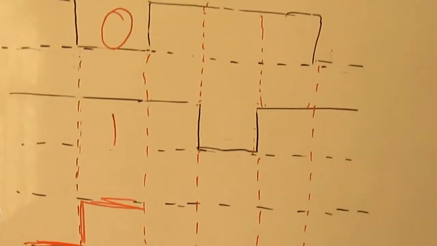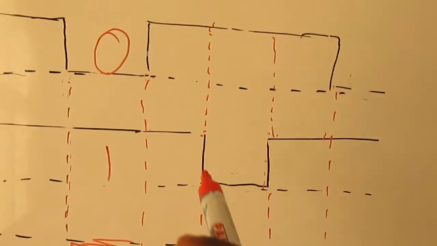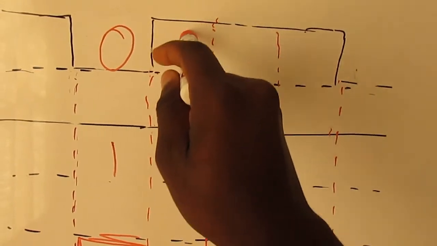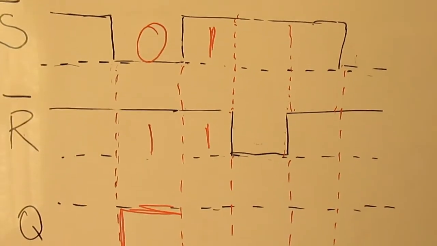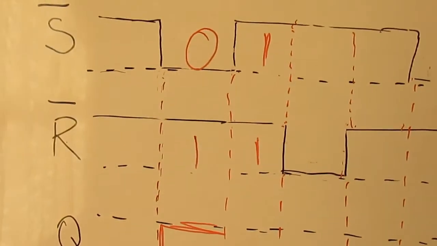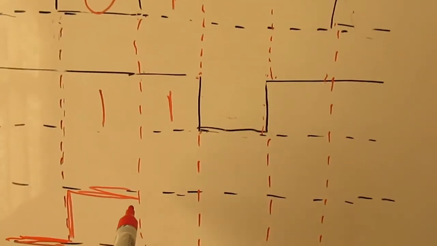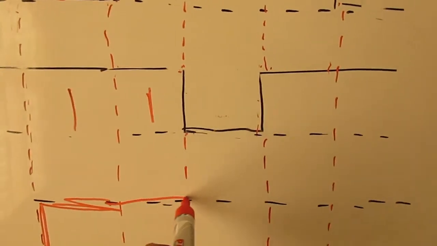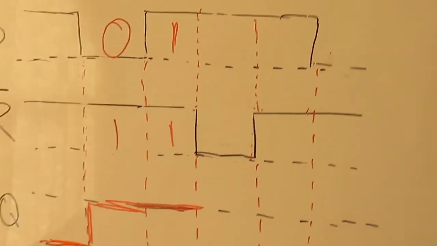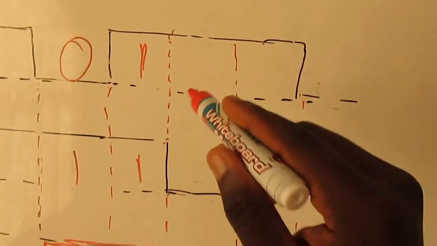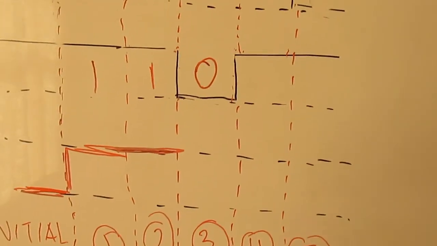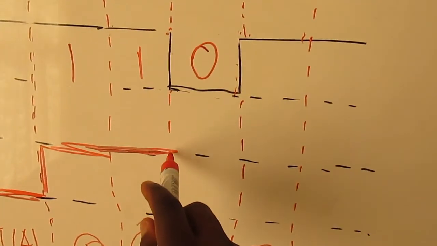And again you move, you look, you can see you have a 1 here, and then you have a 1 on your SR. What happens? It means no change. There is no change that will happen. Okay, and then you move to the third clock. You can see that you have a 1 on the set, 0 on the reset. What does that mean? You reset.